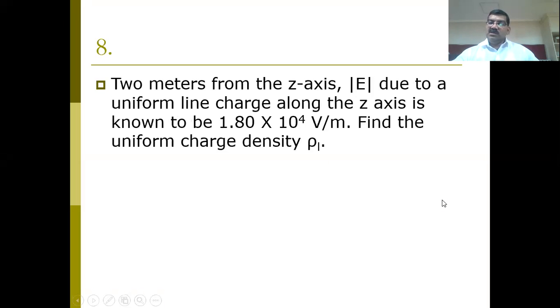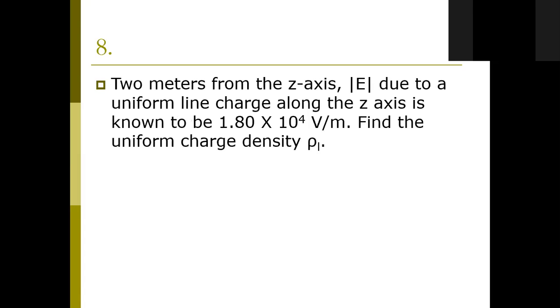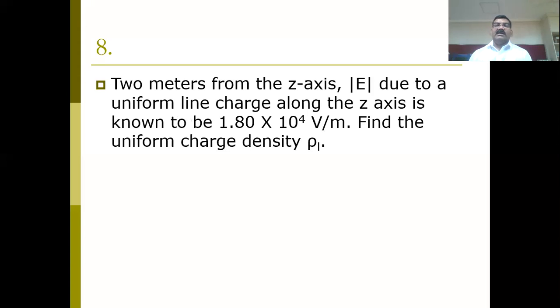This is your eighth numerical. Here, at 2 meters from the z-axis, the electric field magnitude E due to a uniform line charge along the z-axis is known to be 1.8 times 10 to the power 4 volt per meter.